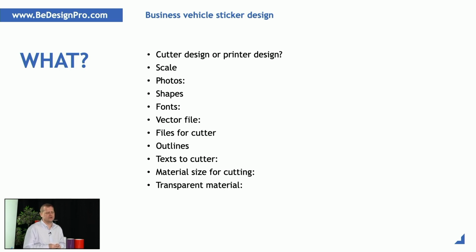This includes outlines of objects and also outlines of texts. We will see how the material size affects our doings, and I will show you some tricks of what you have to understand with transparent material.